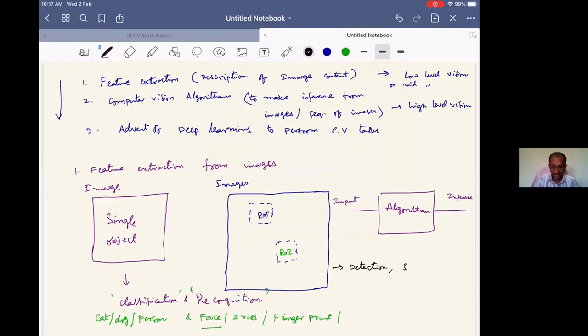Segmentation. Segmentation, of course, can be done on the whole image. Okay, you need to give a class label for a whole image. However, if you would like to segment only a particular part of the image, that comes under this kind of thing. Okay, segmentation.